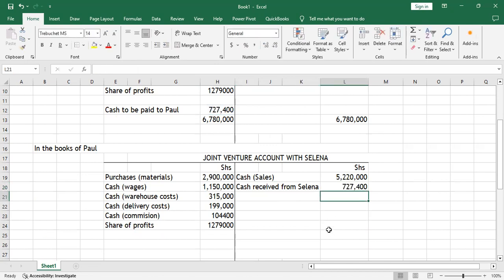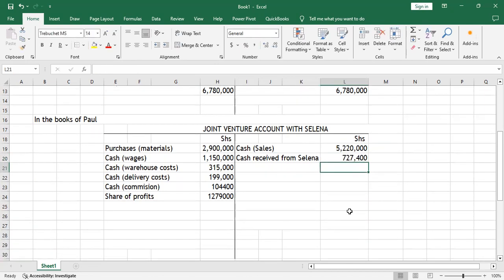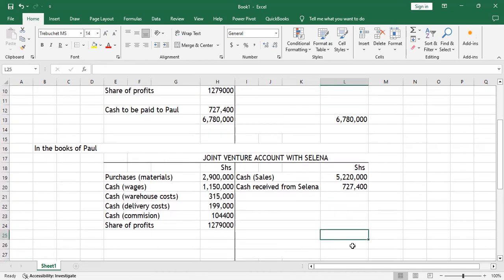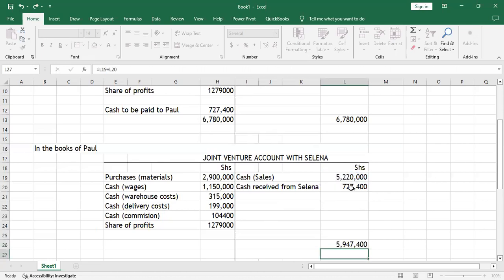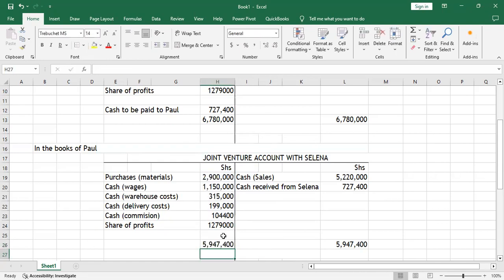Then after you balance off this account, I believe this account will automatically balance. When you add this to this, you get that. When you sum up all these, yeah, so that is our account, the books of Paul, balancing very good.